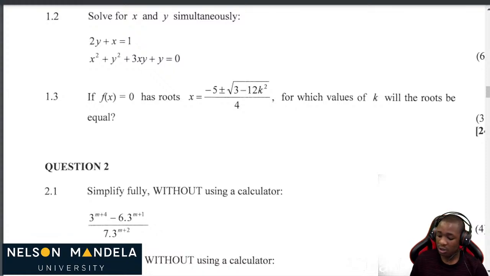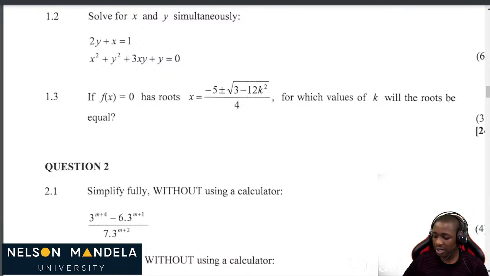According to the quadratic formula, x is equal to -b plus or minus the square root of b squared minus 4ac, divided by 2a. This simply means it's -b plus or minus the square root of the discriminant, which is the same as this one.